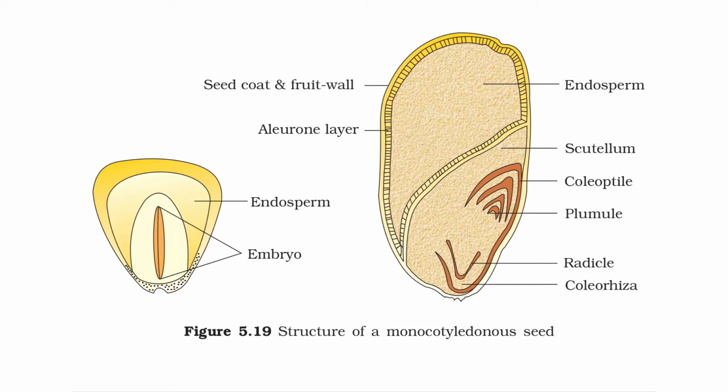Then the outer layer is the fusion of seed coat and fruit wall, followed by the aleuron layer. Then scutellum is the embryonic part, or embryo axis. Then plumule covered by coleoptile, radicle covered by coleorhiza. So all these structures are very clear. I will show you how to draw the diagram later.